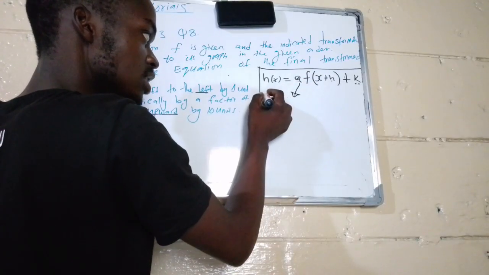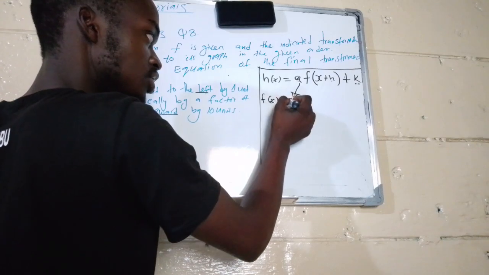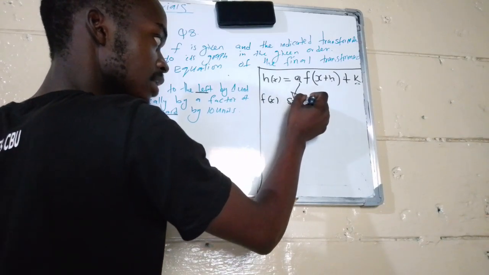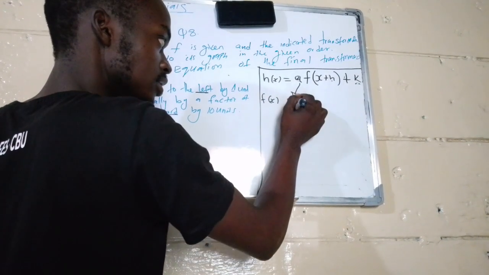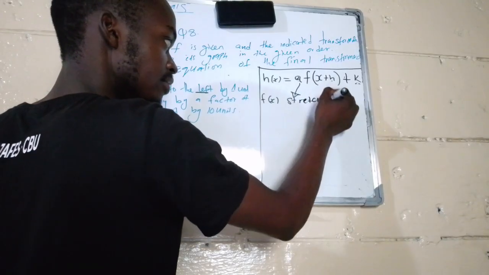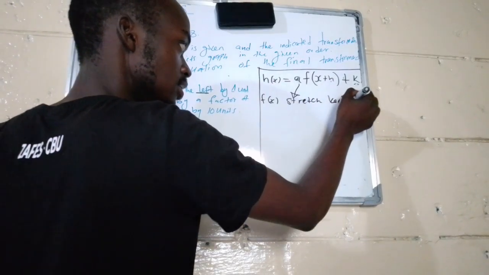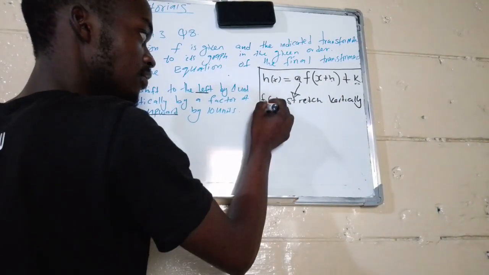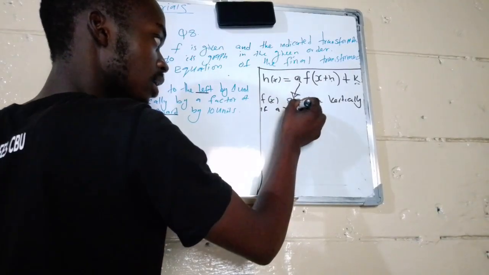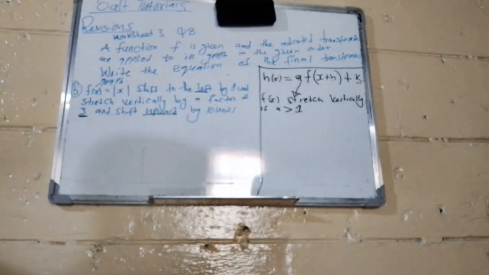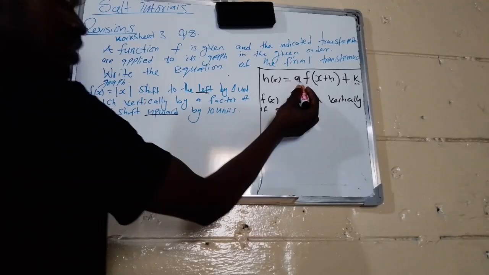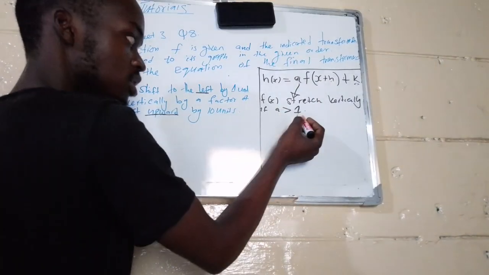So it means that f of x stretches vertically if a is greater than 1. So the function will stretch vertically if this a is a whole number which is greater than 1.